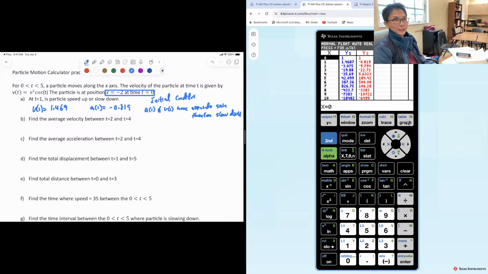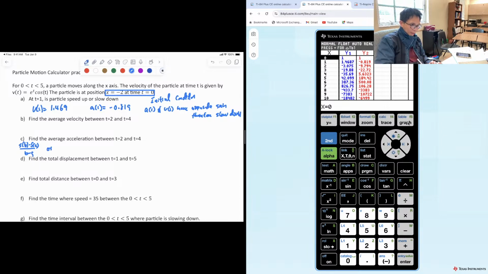Now, finding average velocity. The problem is, most of you guys don't remember average velocity. There were 2 definitions of average velocity. The first one is S of B minus S of A over B minus A, but we don't have a position function.